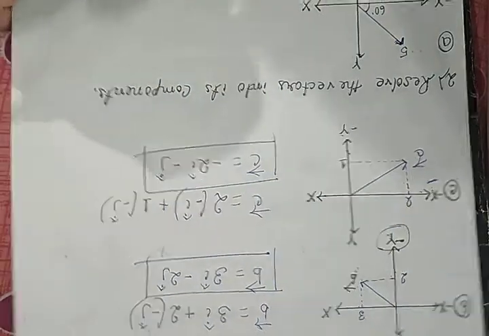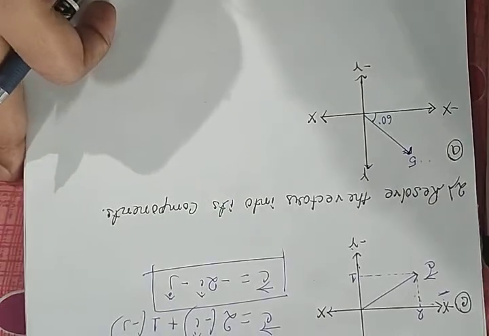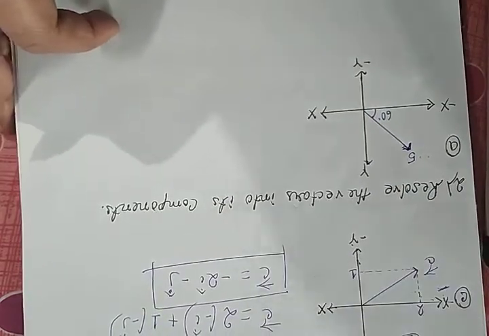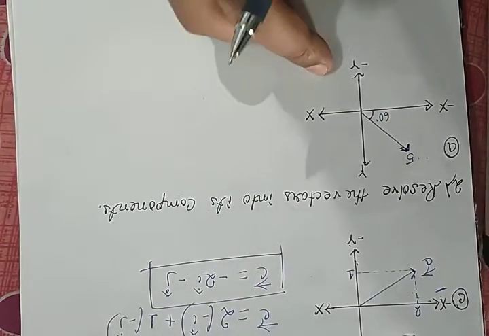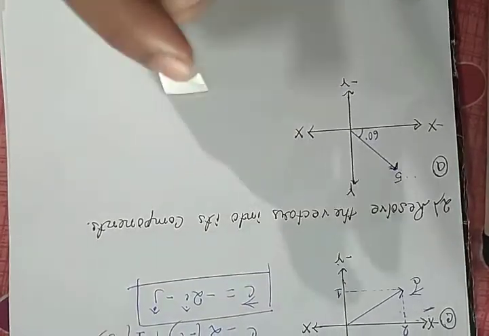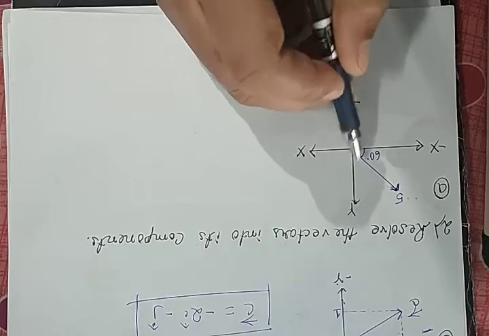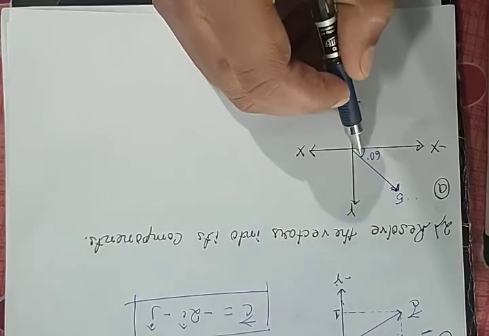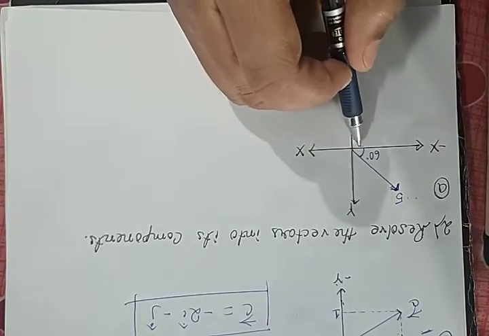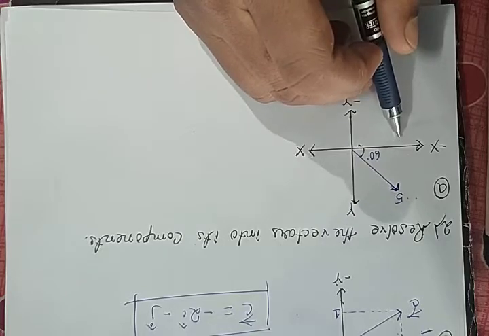Now the second type of question is to resolve the vectors into their components. Now you can find out which one is the cos part and which one is the sin part. So I told you that the one which stays with theta is cos theta, and the one which does not is sin theta. The axis which is adjacent to the angle theta contains the cos component.